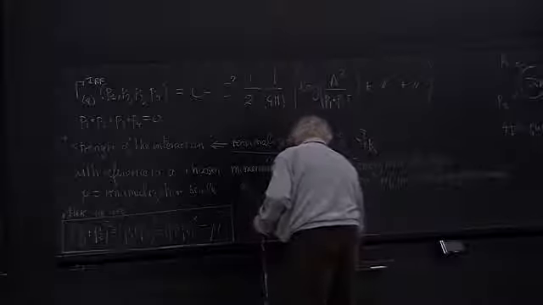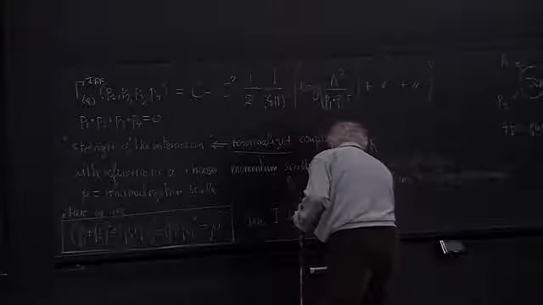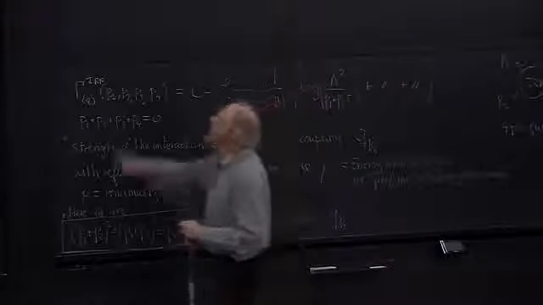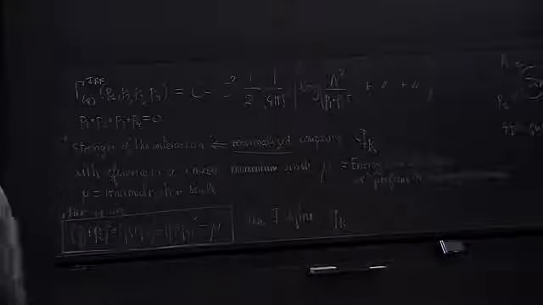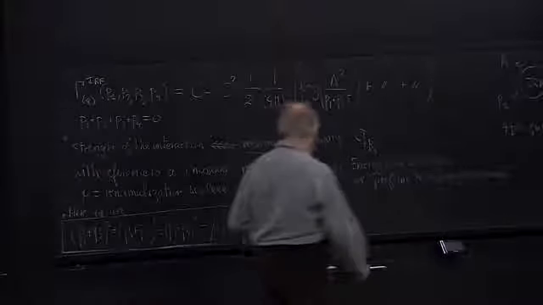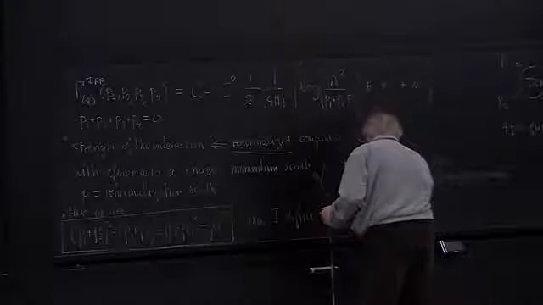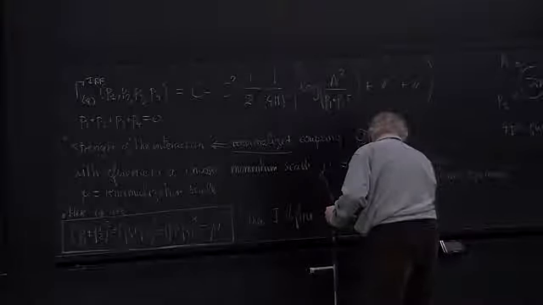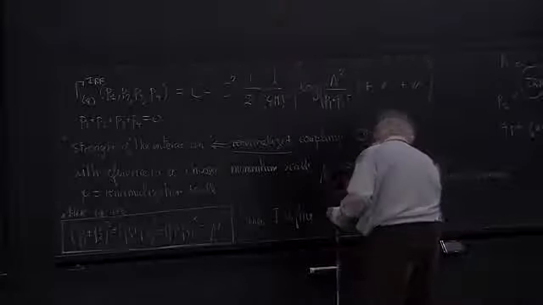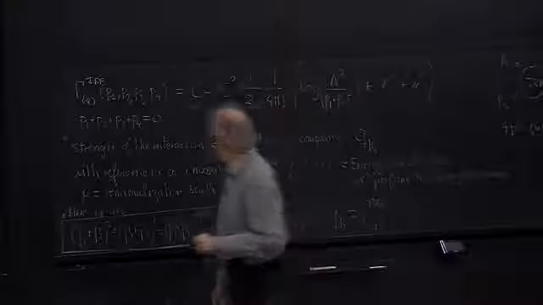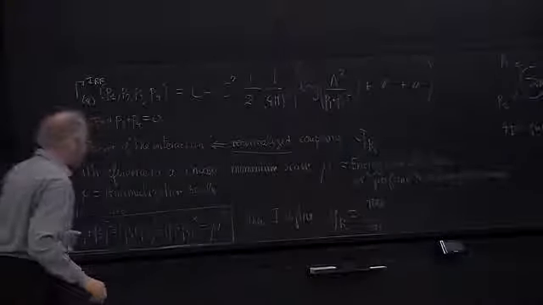I define my renormalized coupling constant in my theory, defined by the action with A, B, and C, as the value of the irreducible 4-point function, okay, for this choice of momenta.